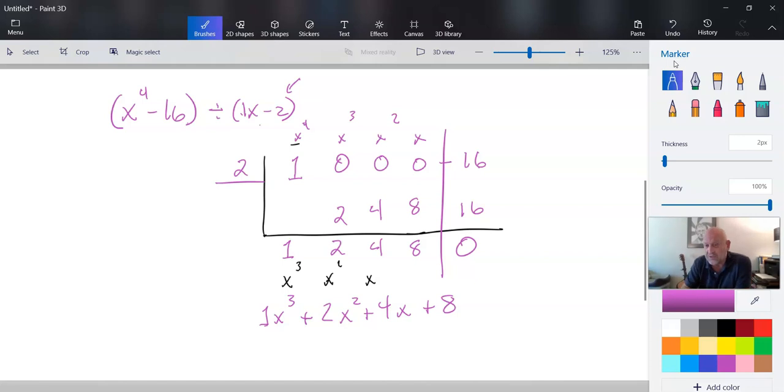Now, there's some other things about this, and I didn't say this before, but when you're using synthetic division, the divisor has to be linear, okay? And if the divisor is going to be linear, that means it's in some form ax plus b, right?